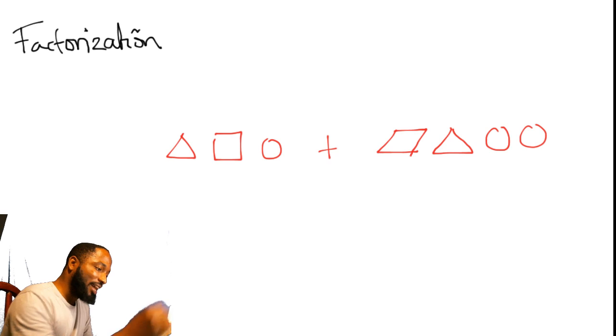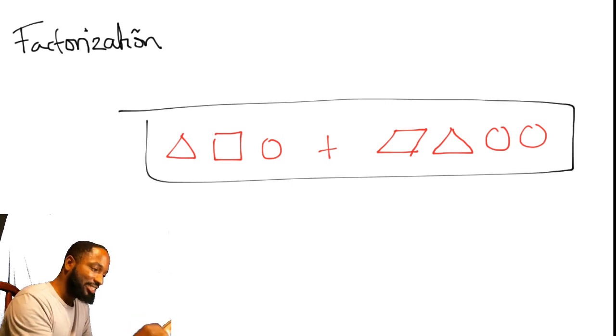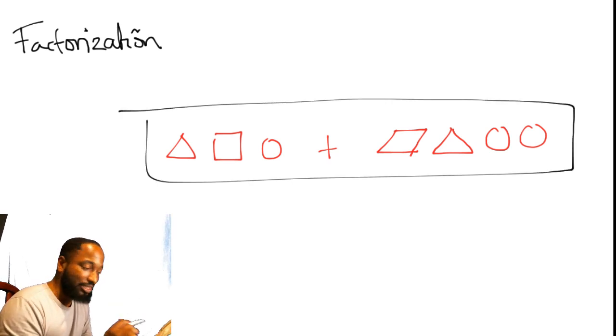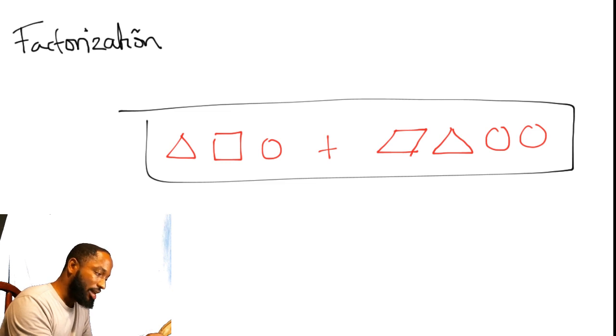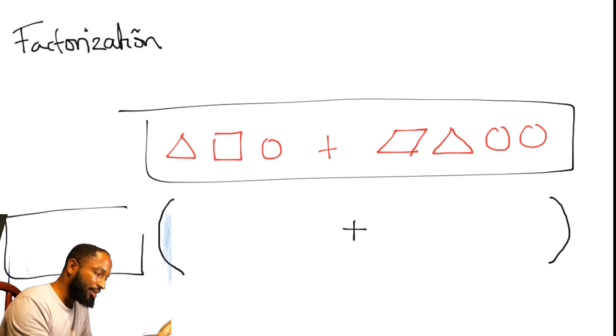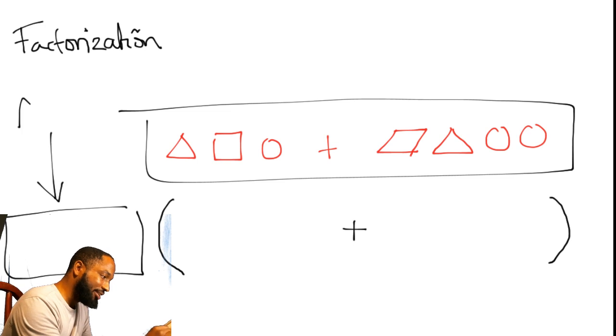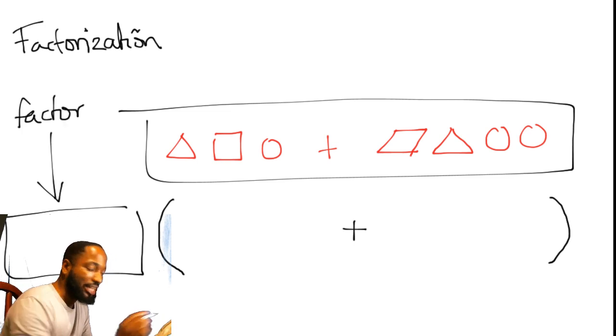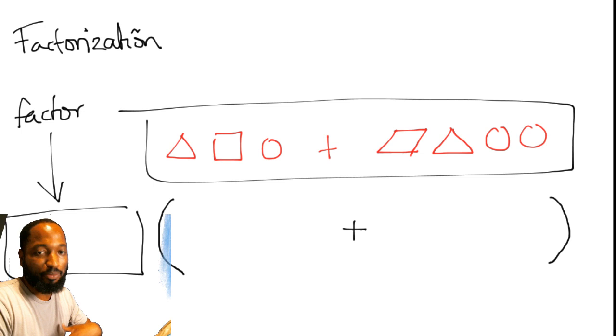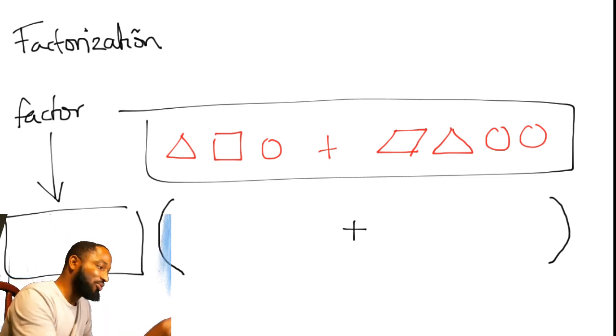If I am to factorize this, what I'll do is put a bracket here, put back my plus sign. The things that are common come on the outside here. These are the factors that come on the outside. So what is common?